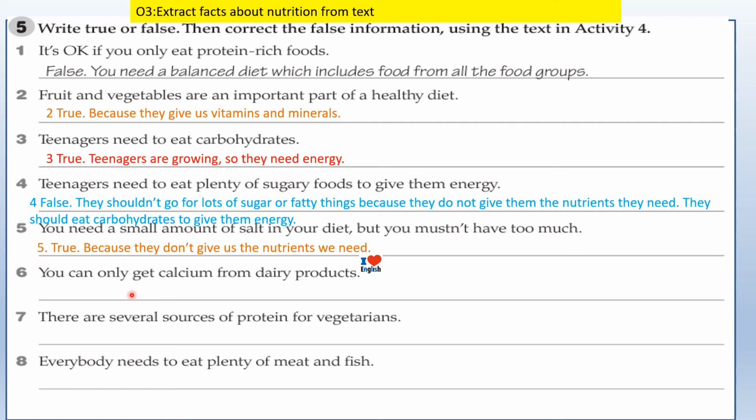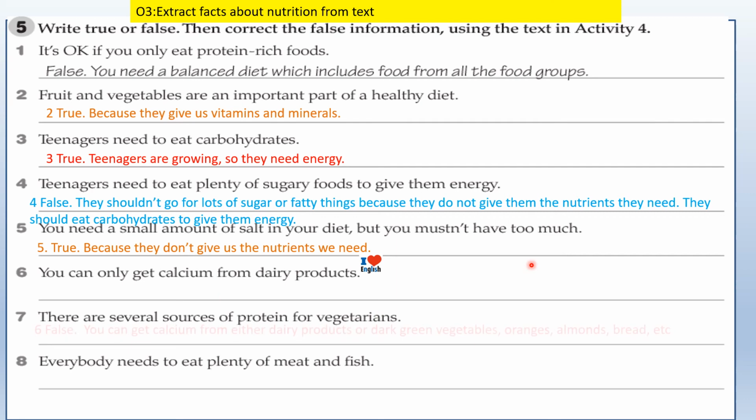You can only get calcium from dairy products. Of course, "only" has made this sentence false because we can get calcium from dairy products, but dairy products are not the only source to get calcium.